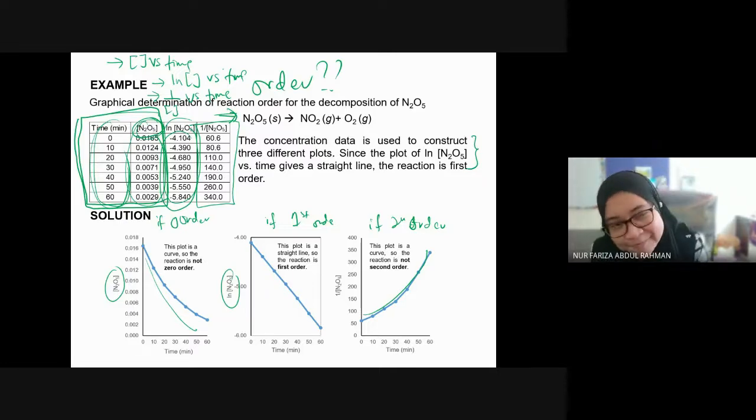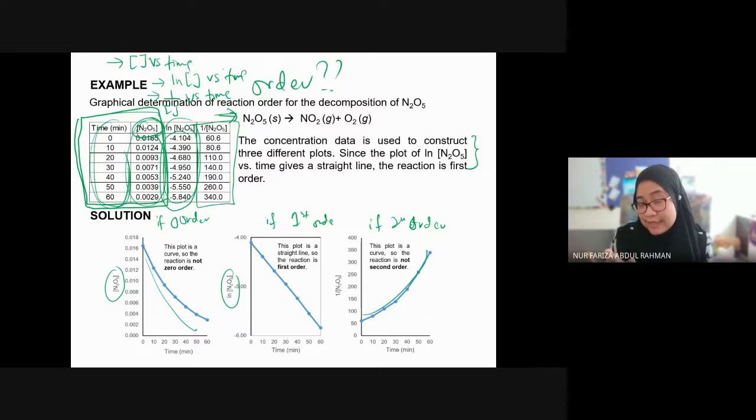Okay? So, banyaklah kerja dekat situ. Tapi normally kita jarang bagi soalan jenis-jenis macam ni lah. Kita rasanya tak pernah keluar that you have to plot all the 3 graph. Tak pernah keluar. Tapi kita akan bagi hint lain. Okay? That indicates that it is more on the first order rather than the zero and second order.